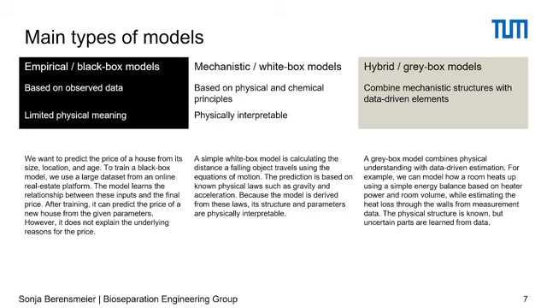And then last of the three big groups are the hybrid models, also called gray box models. Originating from mixing a black box and a white box model, you get a gray box model, and that's also the idea. These combine both ideas. They combine mechanistic structures with some data-driven elements. A good example here might be a model that can predict how a room heats up.